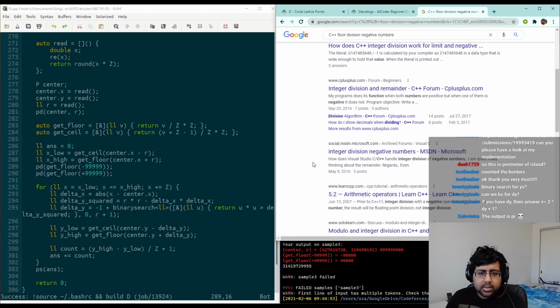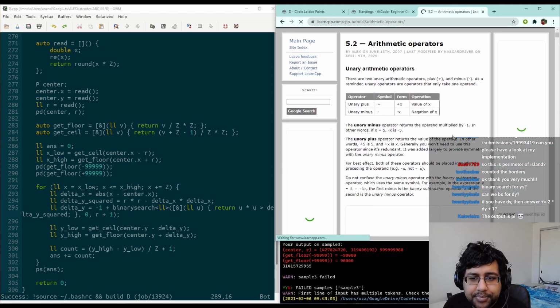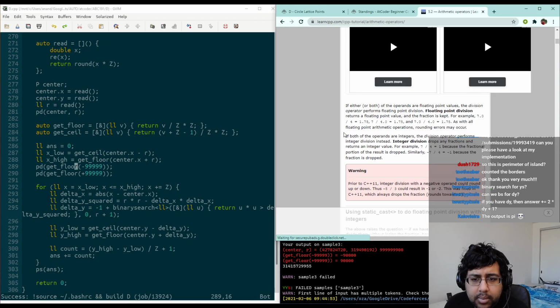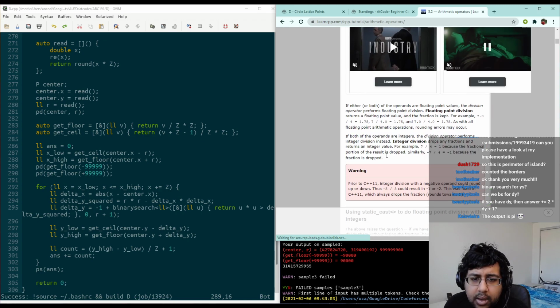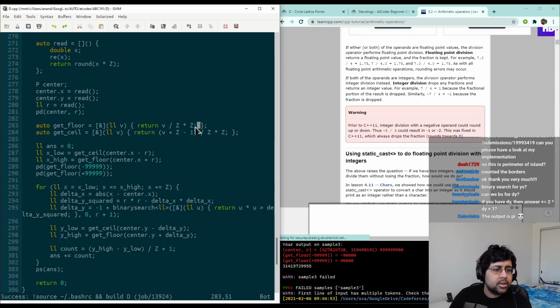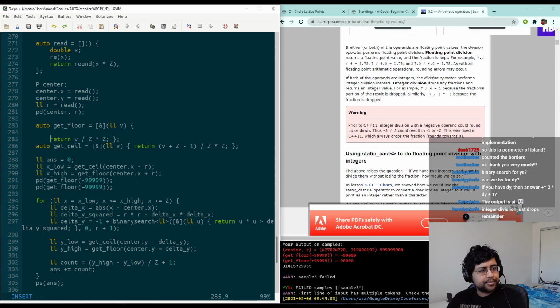What? LearnCpp.com. Oh, okay. So it always rounds towards 0, which is why this is just wrong. That's kind of annoying. Okay. So what's actually the best way to implement floor division? Like, cleanly?